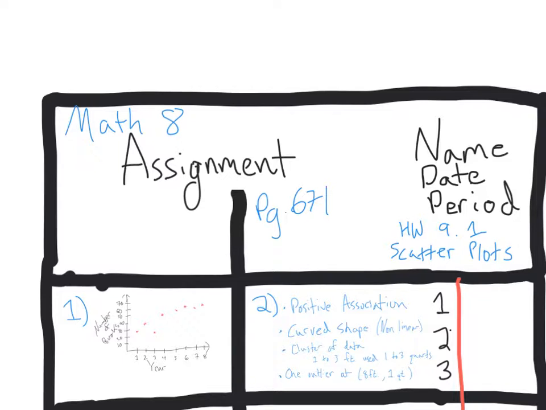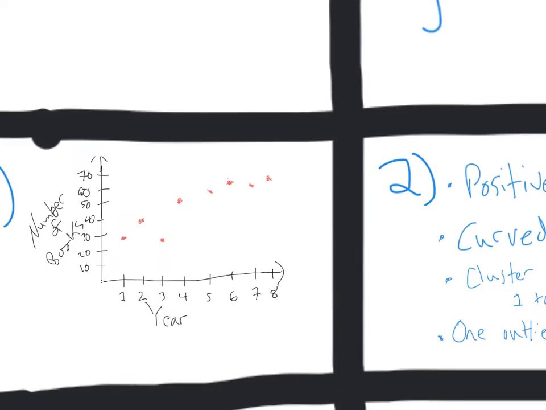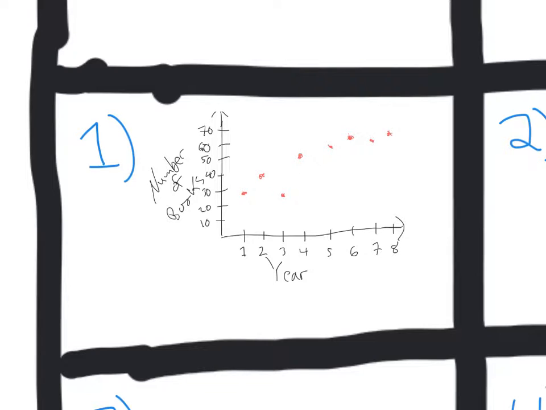I want to keep this video really short and sweet and to the point, so let's just jump right into it. Number one, you pretty much just had to construct a scatter plot based on some XY values that they give you.